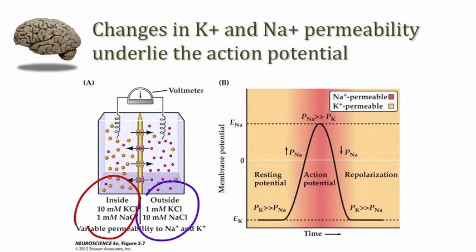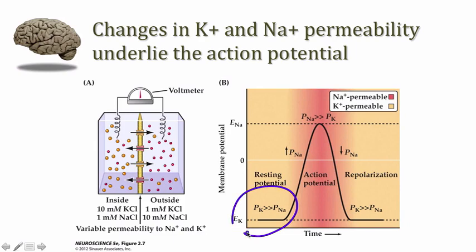Now let's consider what we have in the resting state of a neuron. In the resting state, the permeability of the membrane for potassium is very slight. There's a little bit of movement of potassium from the inside to the outside, but not much, just enough to allow us to establish a resting membrane potential.